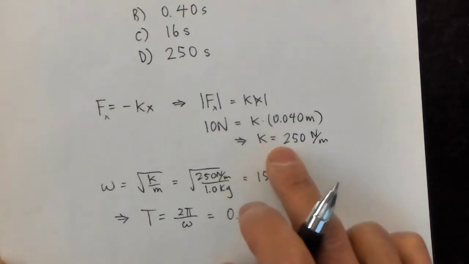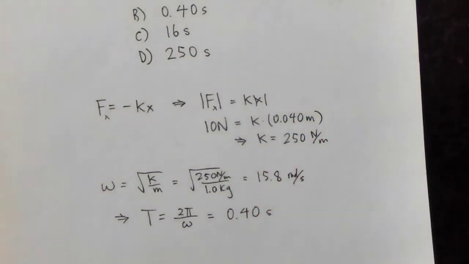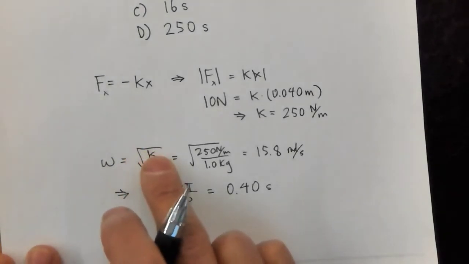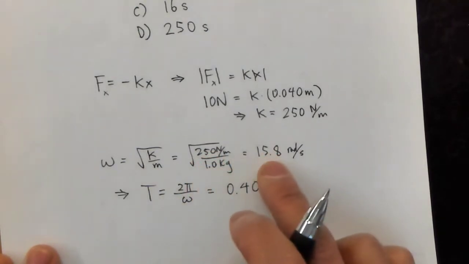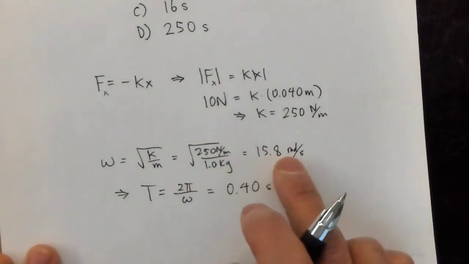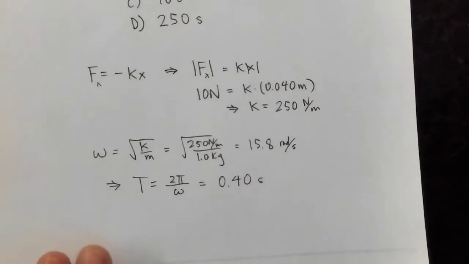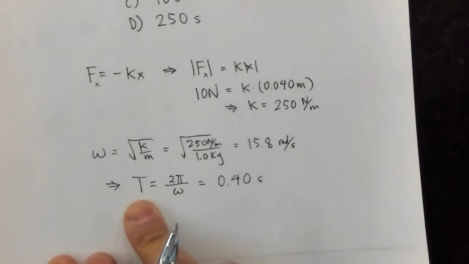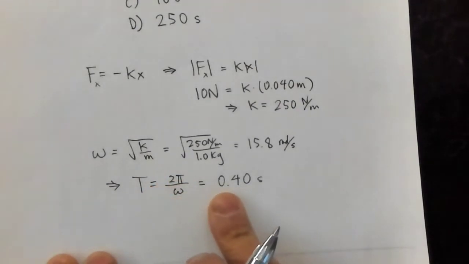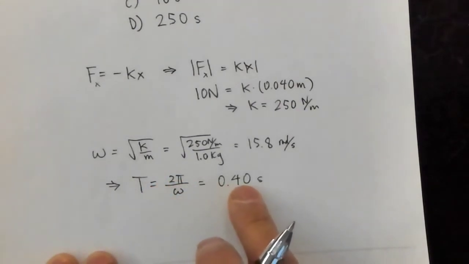And we got that k is 250 newtons per meter. Then omega, the angular frequency, is the square root of k over m. That's the square root of 250 over 1, and that's 15.8 radians per second. Now the period is 2 pi over omega. That's equal to 0.4 seconds.